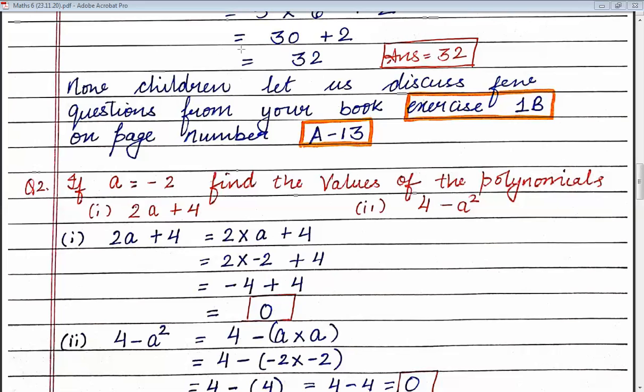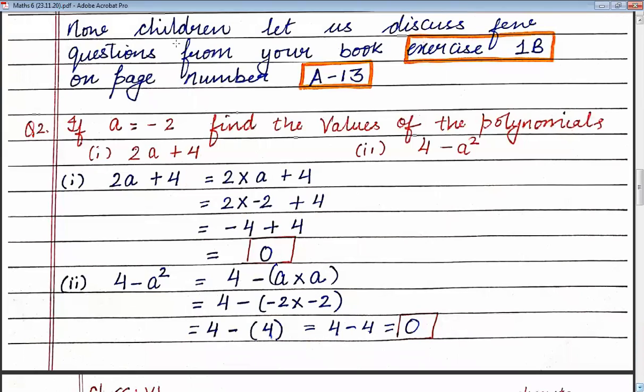Now let us move on to the second part, that is 4 minus a square. So 4 minus a square means 4 minus a into a. Students, a square means a multiply a. a is repeating 2 times.